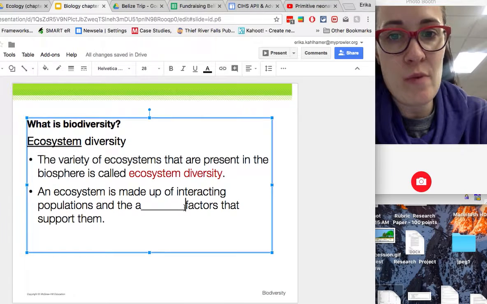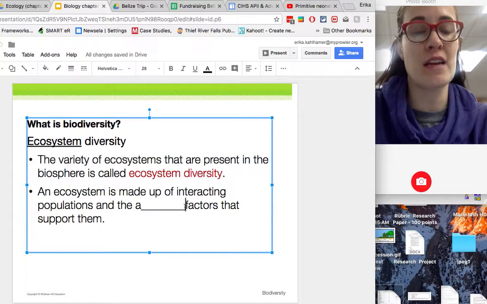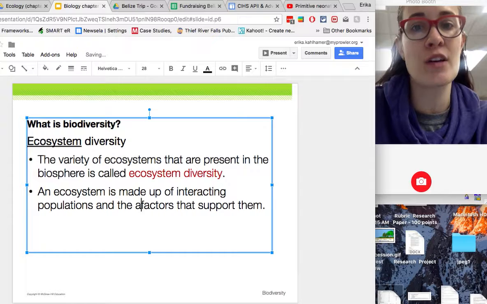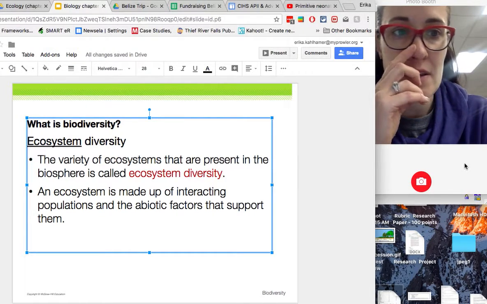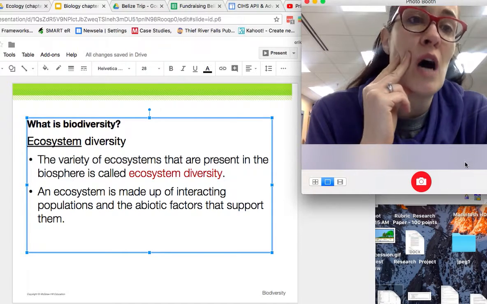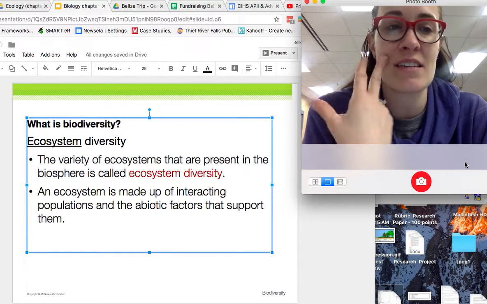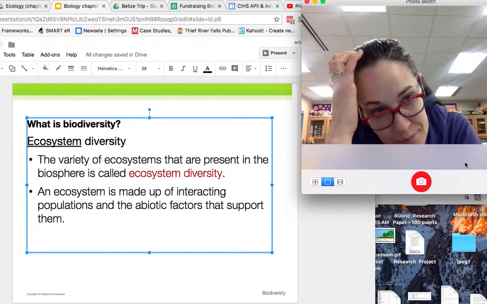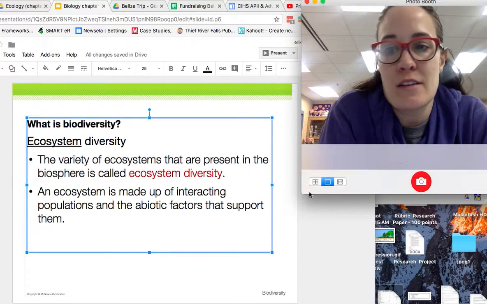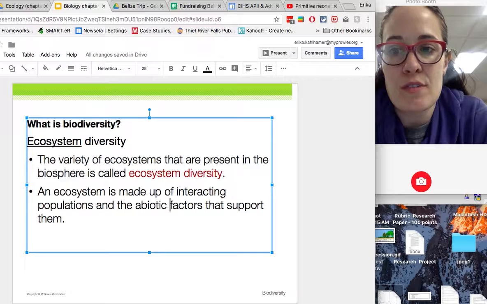And an ecosystem, to remind you, is interacting populations in the area, including the abiotic factors that support them. So the type of water, the amount of water, the access to water, the nutrients in the soil, all of those different abiotic factors contribute to ecosystem diversity.